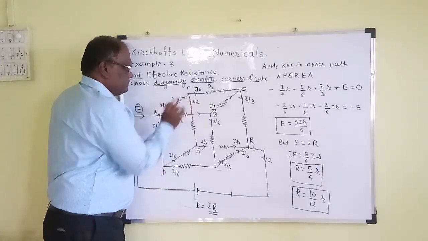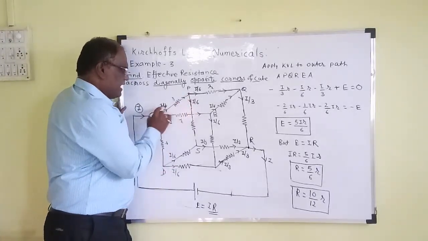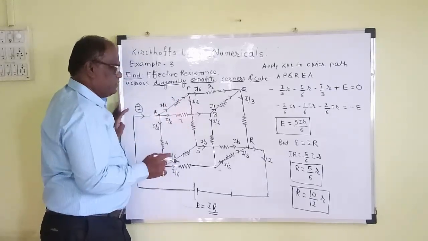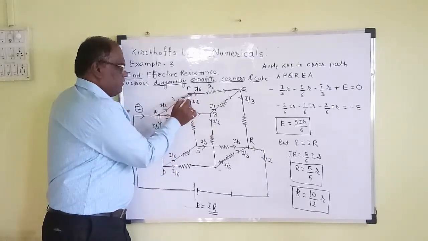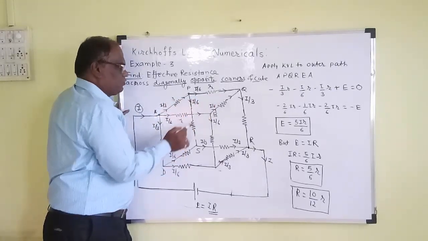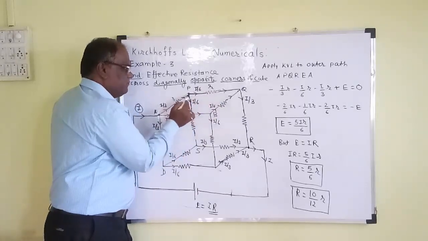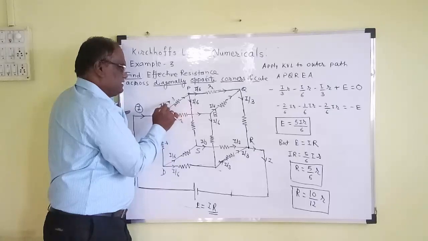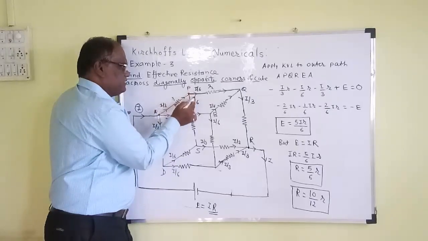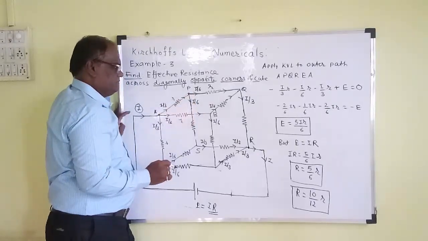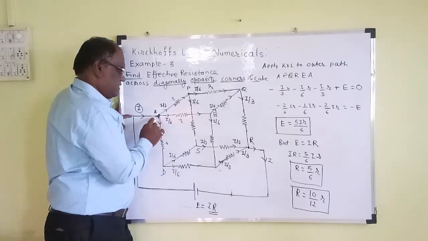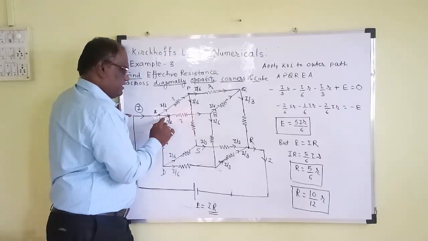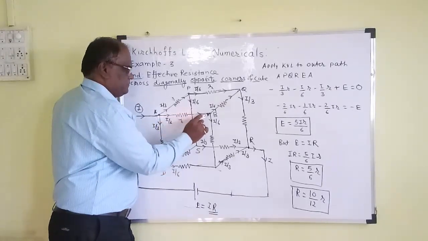At this point, again this I by 3 is equally divided into 2 parts, the current flowing through this branch and the current flowing through this branch. Hence I by 3 becomes I by 6, I by 6. I by 3 is the current flowing through this branch.